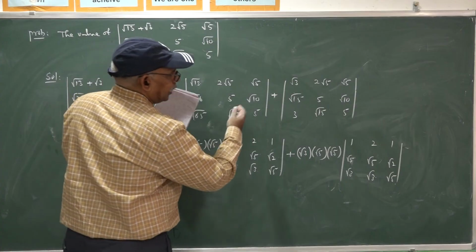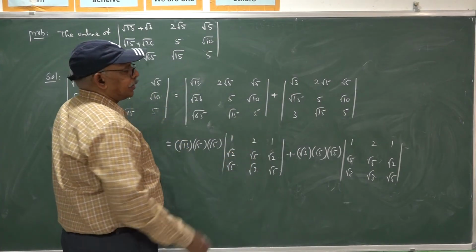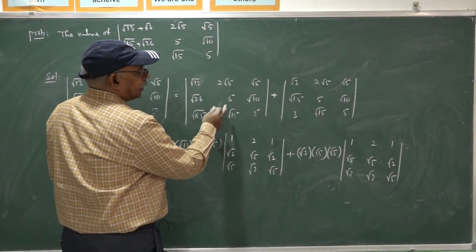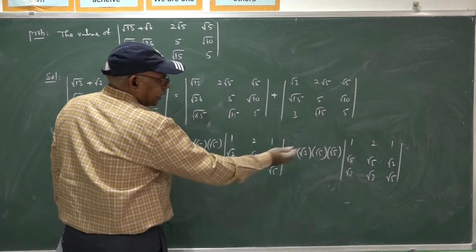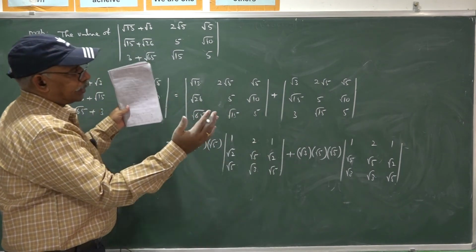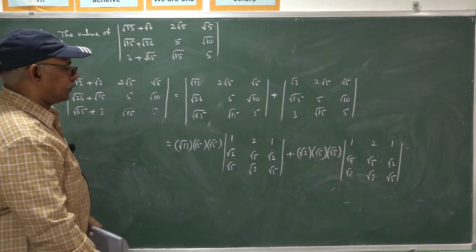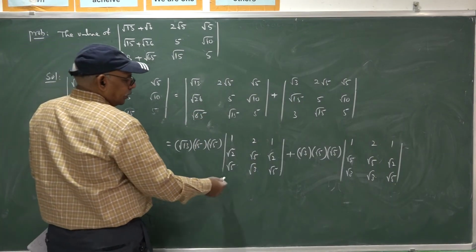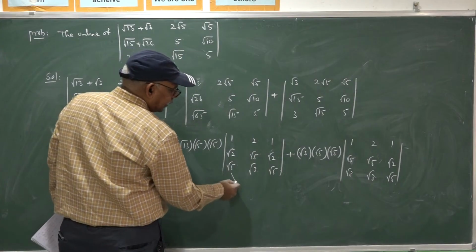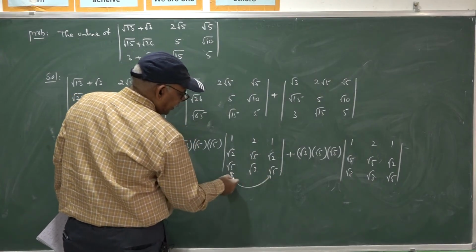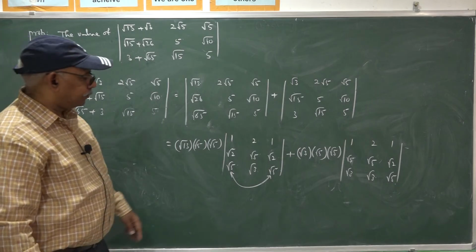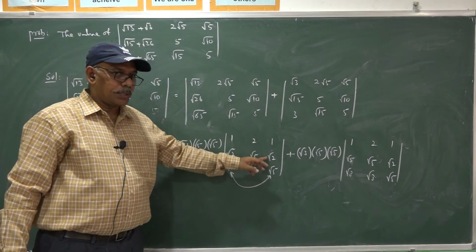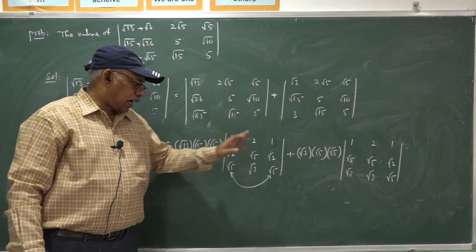Otherwise you can evaluate these two determinants separately by taking this determinant as delta 1 and this as delta 2, and then add them. But here, by observing column 1 and column 3, these two are identical.